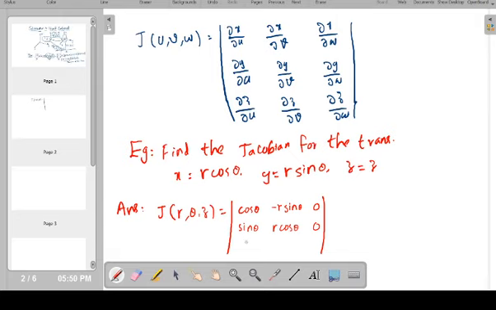And dou z by dou r is 0. Dou z by dou theta is again 0, and dou z by dou z is equal to 1. So this is what it is going to be. Let me erase this part.